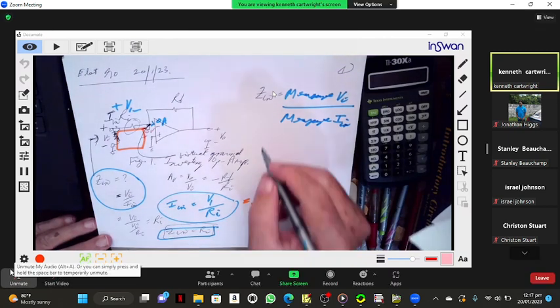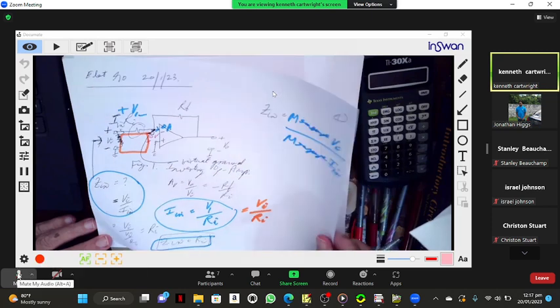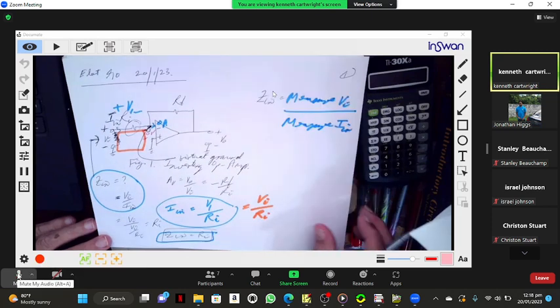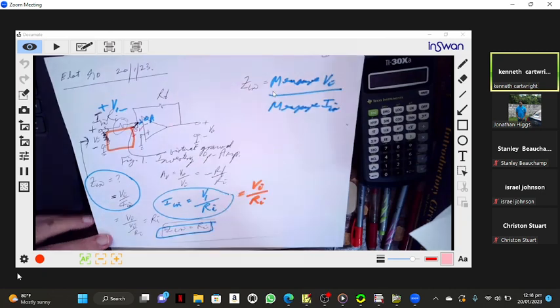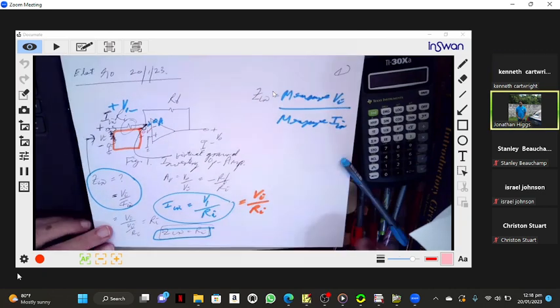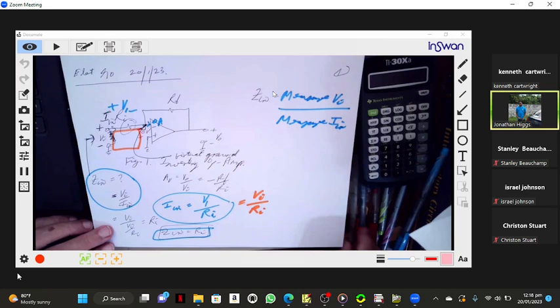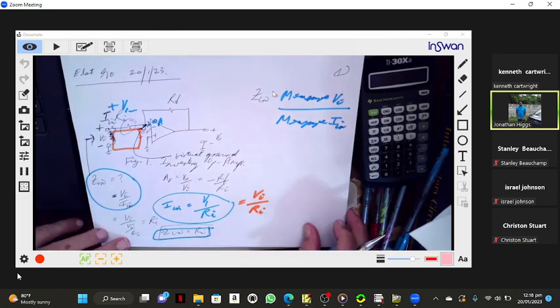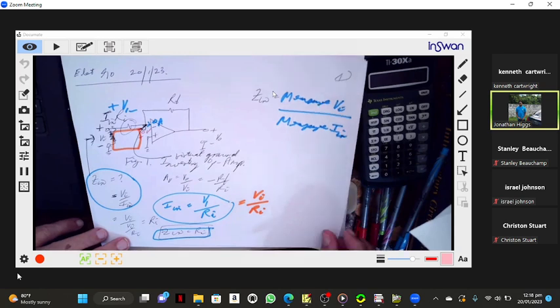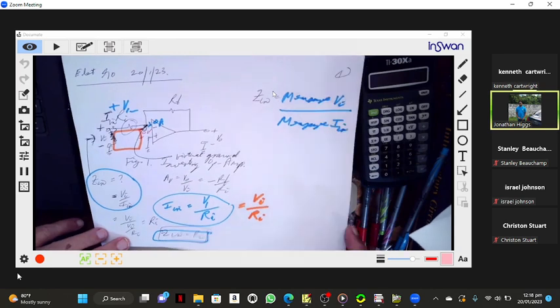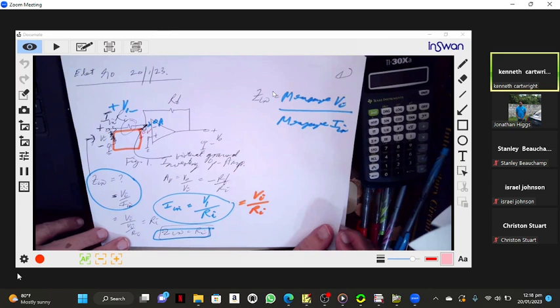And how do you measure Vi in PSpice? How do you measure Vi in PSpice? No, it is Vi. Wait a minute. No, it's not the volts across V1.